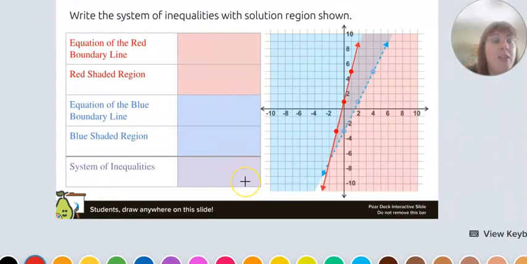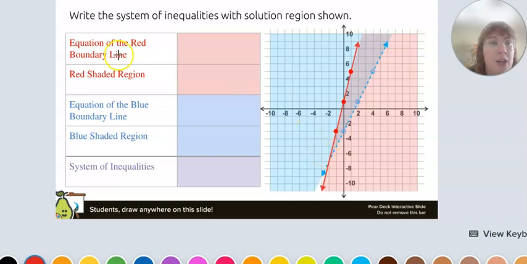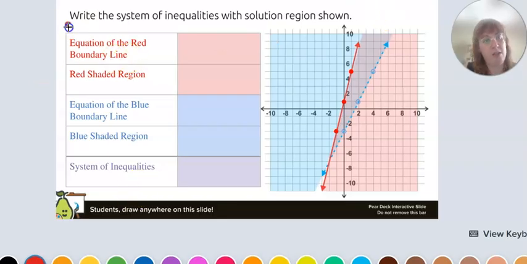Okay, so this says write the system of inequalities with solution regions shown. So I'm going to grab my red pen. The equation of the red boundary line. So our red line is solid, and it's shaded below.